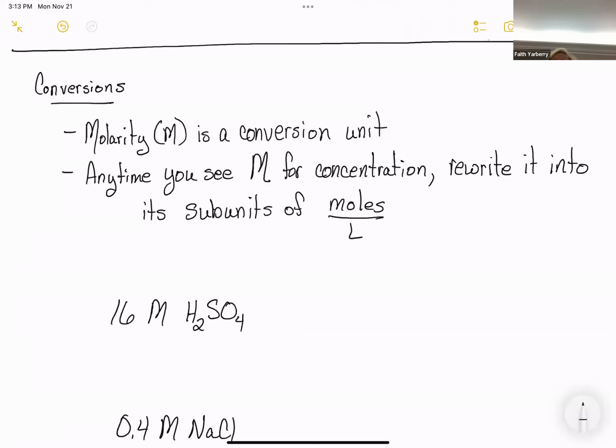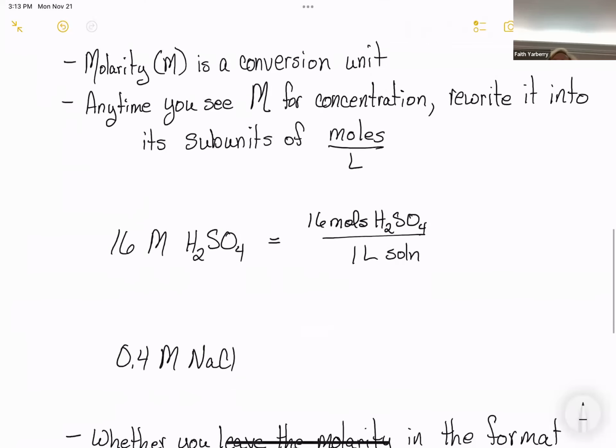So if I have 16 molar H2SO4, what that means is I have 16 moles H2SO4 over 1 liter of solution. Or like in that sodium chloride, the 0.4 molar, it would mean I have 0.4 moles of NaCl per 1 liter of solution.